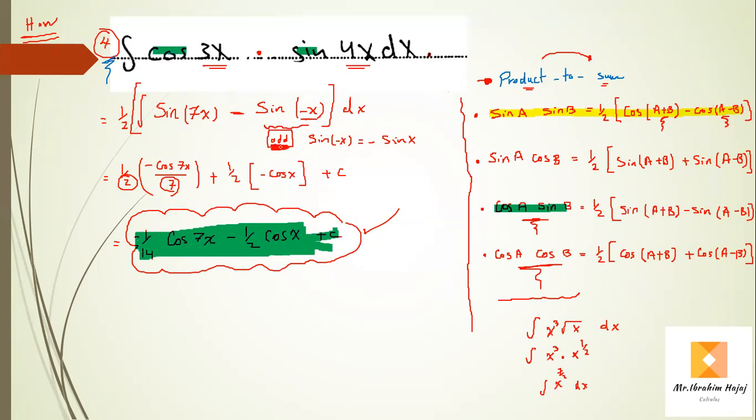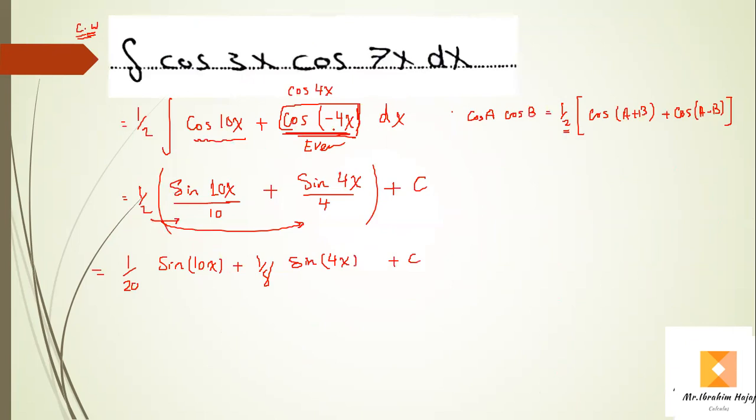From the definition of odd functions, f of negative x equals negative f of x, so sine negative x gives negative sine x. But cosine is an even function, so f of negative x equals f of x. So cosine negative 4x is the same as cosine 4x.